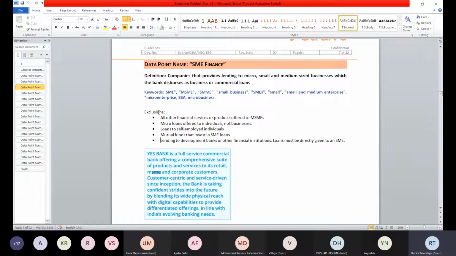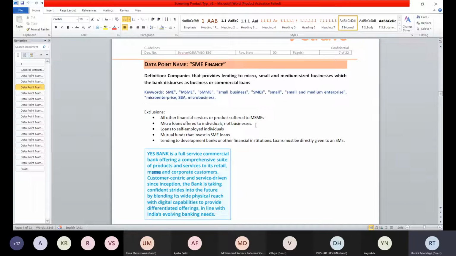In this case we have some exclusions, in the sense exceptions, in which case you can mark no, like all other financial services or products offered to the MSMEs, or loans offered to individuals, not the businesses.